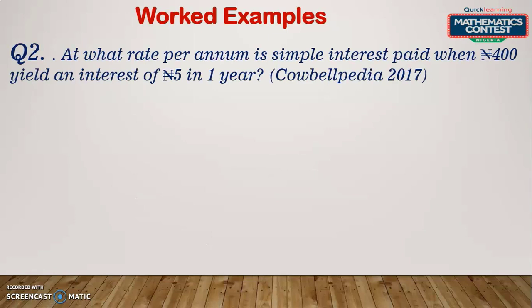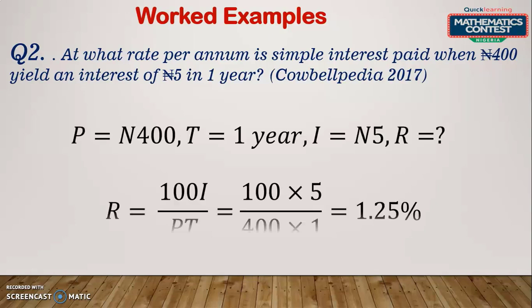Question number 2. At what rate per annum is simple interest paid when 400 naira yields an interest of 5 naira in 1 year? This question was also pulled from 2017 Calbepedia. To do this, we're looking for the rate at this point. So our formula, having stated the parameters given: principal is 400 naira, the time is 1 year, the interest is 5 naira.